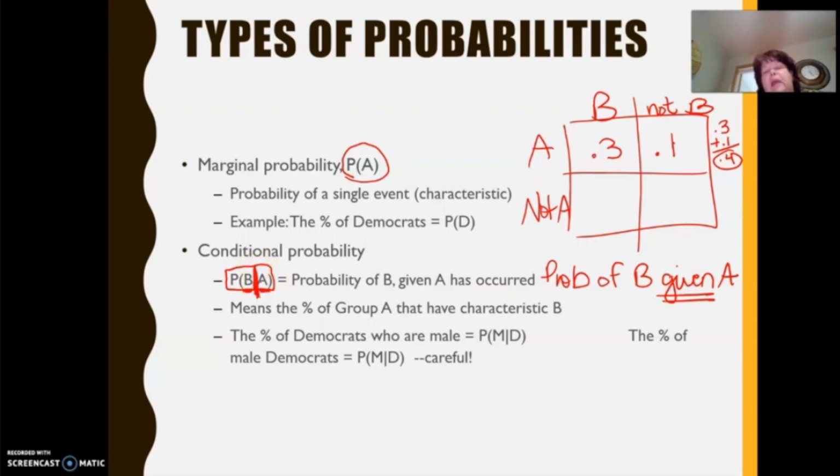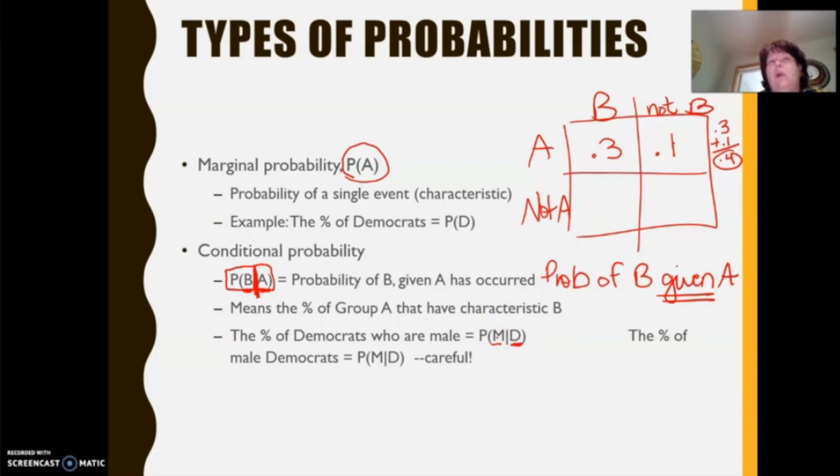So the percentage of group A that have characteristic B, the percentage of Democrats who are male, percentage of Democrats, that goes in the back, because that's the subgroup. What subgroup you're in usually follows the word of, and that's out of. So you put it in the back like you would a fraction idea. And what do you want the probability of?